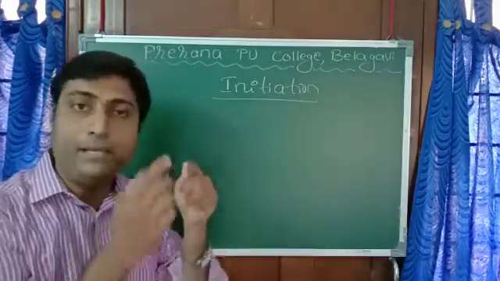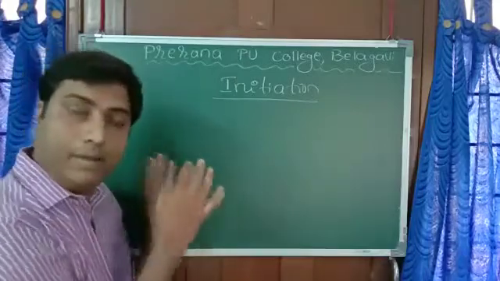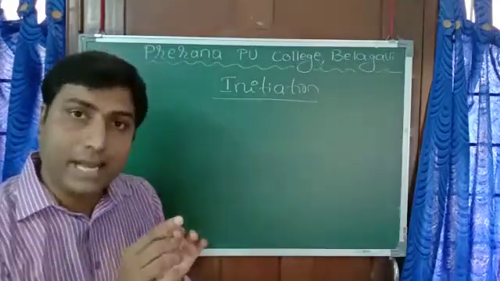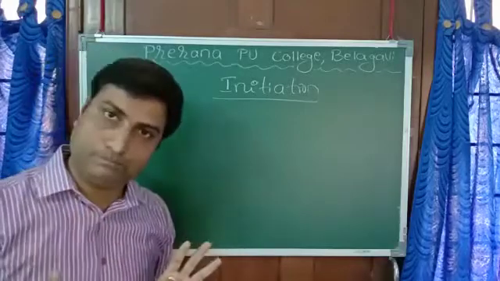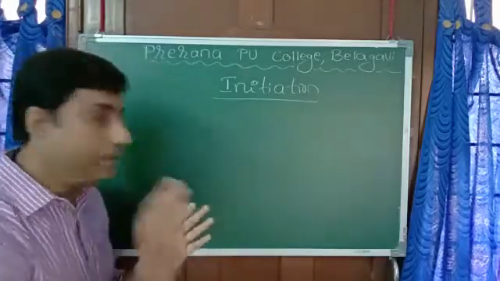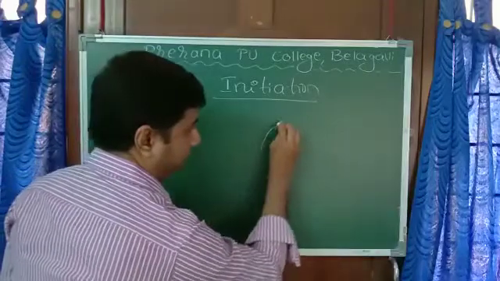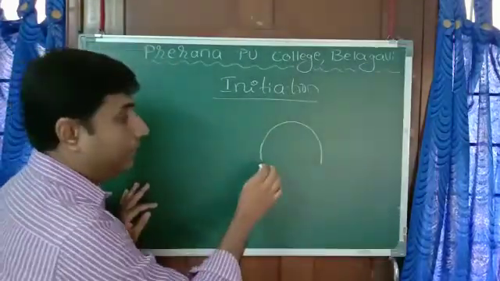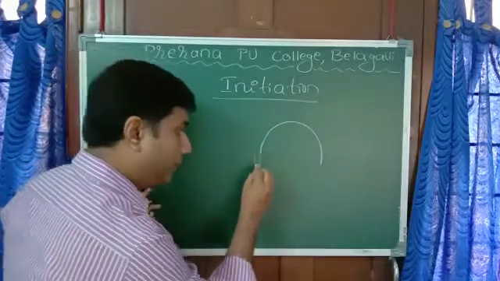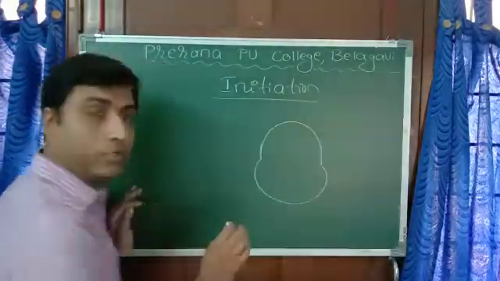They make pairing, and by this the mRNA gets attached to the smaller unit of the ribosome. Now you should remember, later on the bigger unit also joins, not in the beginning.